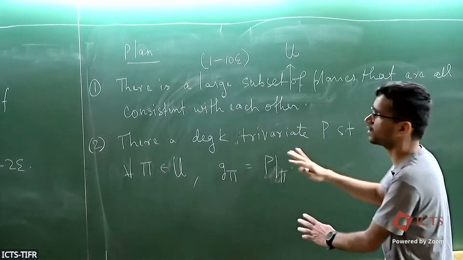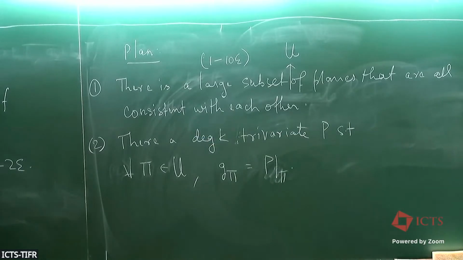So from here to that theorem is an easy argument. You need to think about it for a minute, but it should be believable that we have a large collection of planes and a low degree polynomial that is consistent with F on all these planes. So this must cover a large fraction of all points in space.